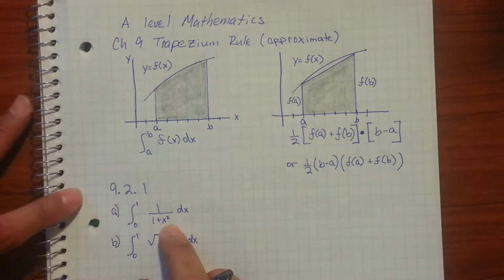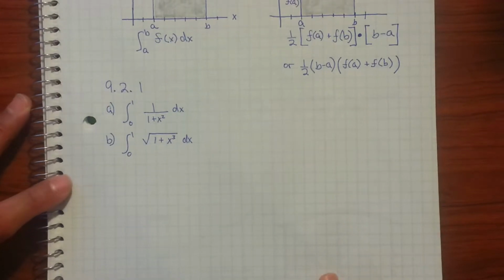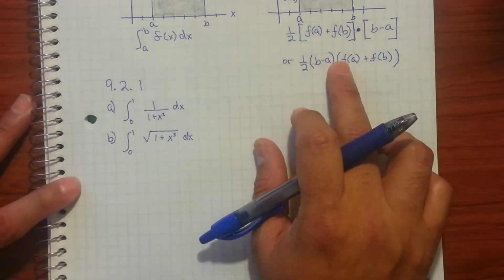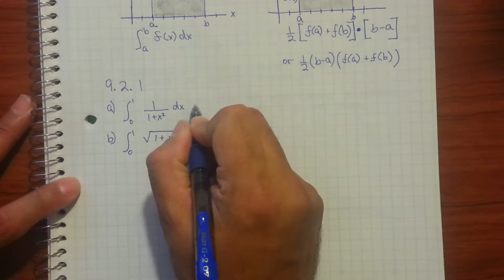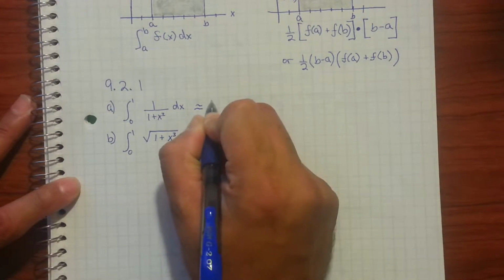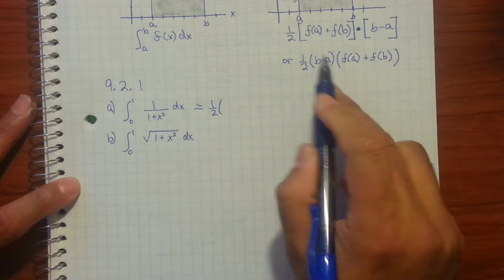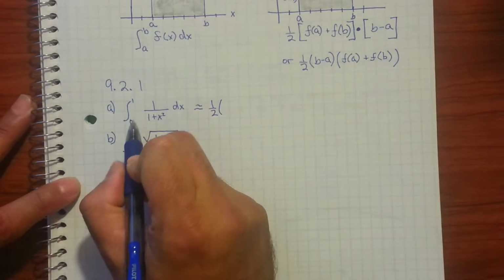So let's go ahead and take a look at A, and we're going to use the simplest form, which we have here. So it's going to be approximately 1/2 times B minus A, so 1 minus 0.